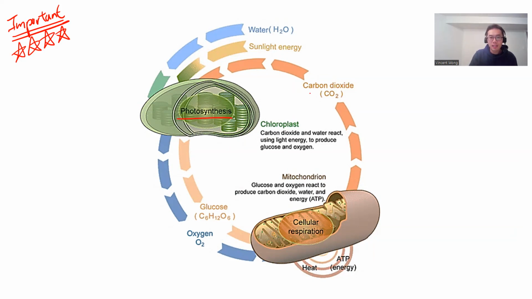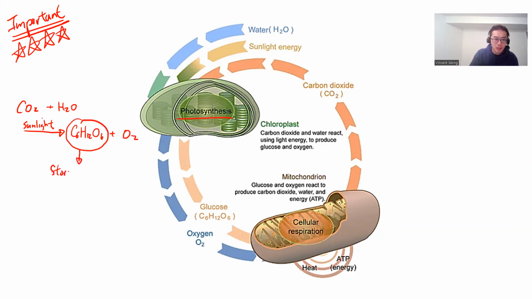Well, photosynthesis takes carbon dioxide and water, and using sunlight, it is going to convert it into food, into glucose and oxygen. So this glucose is going to be stored as starch, the storage form of energy. So you see, glucose and oxygen.